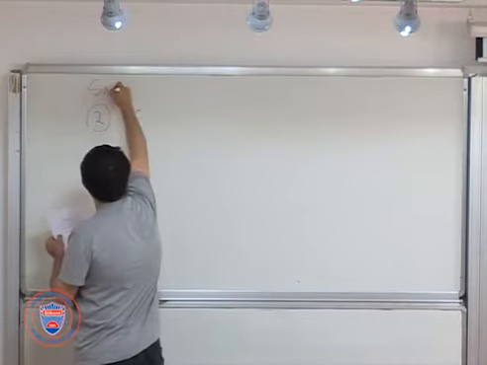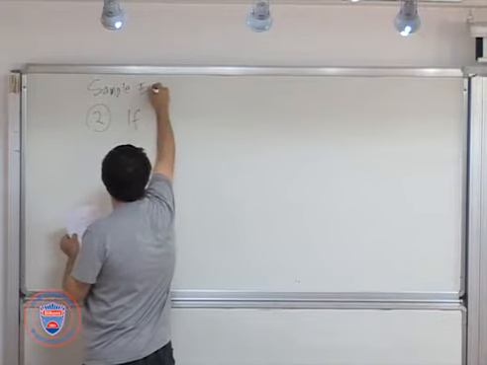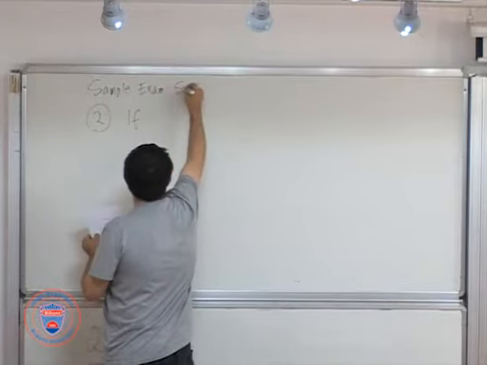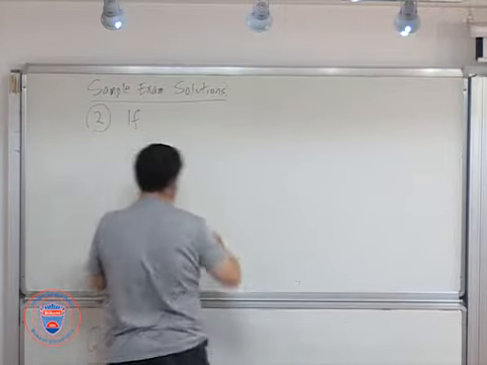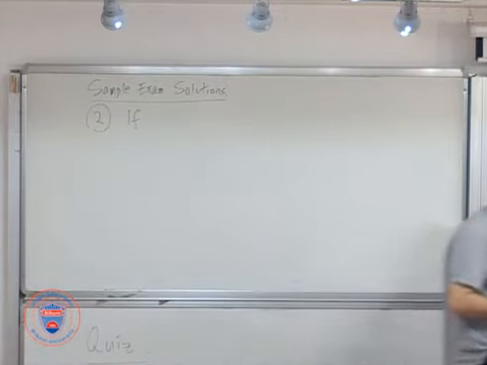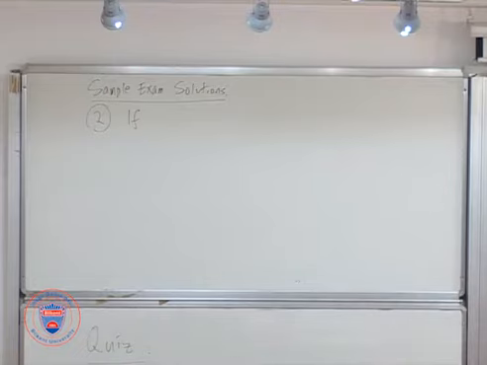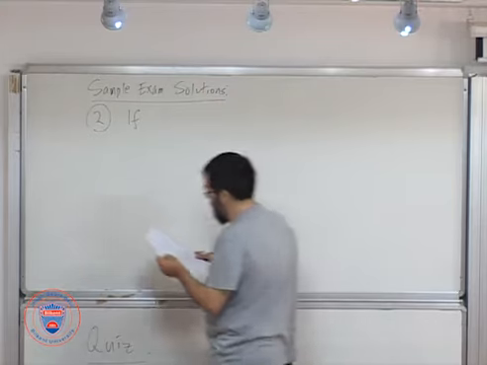Okay, this is from the sample. I will solve a question which I think is much easier than any of the other questions. And then I'll solve a little bit harder ones, and so on.